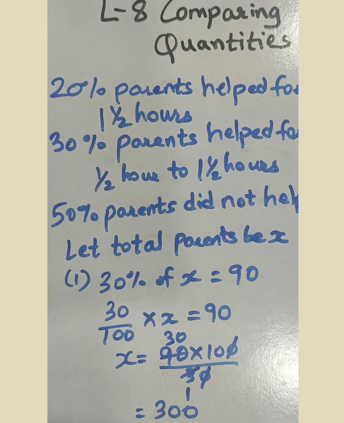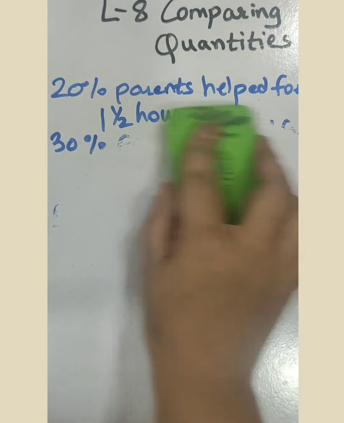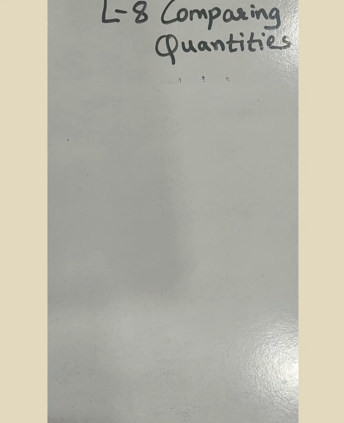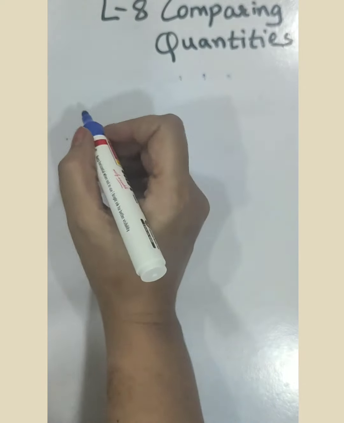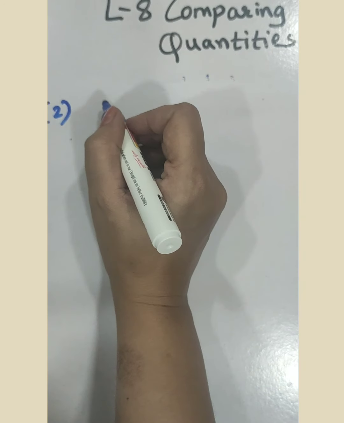Now if I do my second sum, my second question is how many said that they did not help. The did not help percentage is 50.